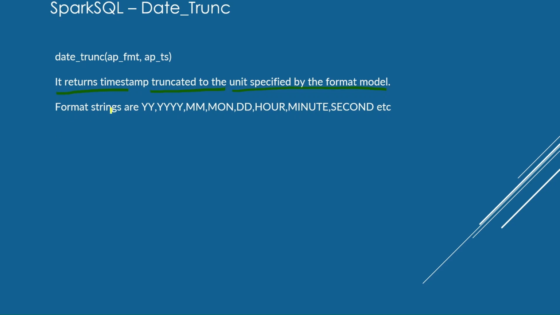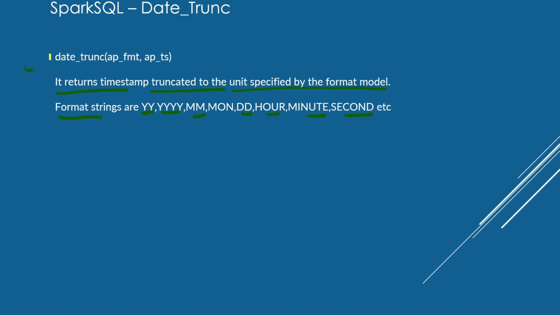The formats supported by the date_trunc function are year, month, day, hour, minutes, and second. I will show you how these formats work in the date_trunc function when I do the exercise.